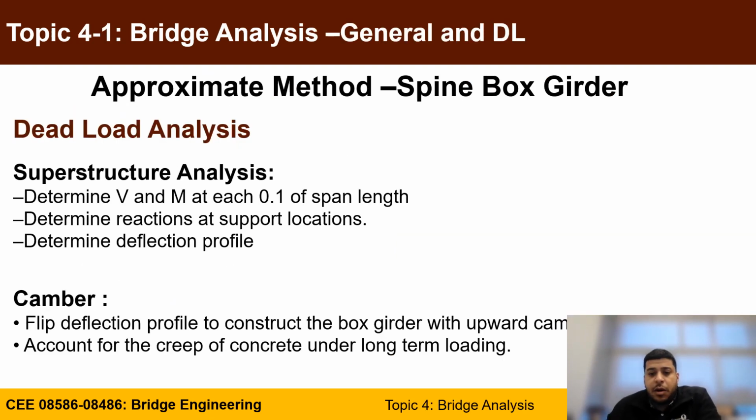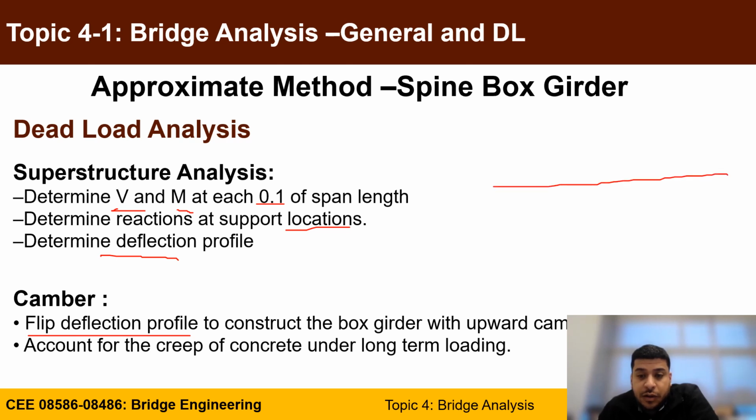So in this method, we will have to do structure analysis of the superstructure. You have to get shear and moment for every 10th of a girder length, or 10%, reaction support, and also calculate the deflections. The camber is a measure that we use usually with a dead load DC to counter the effect of deflection.